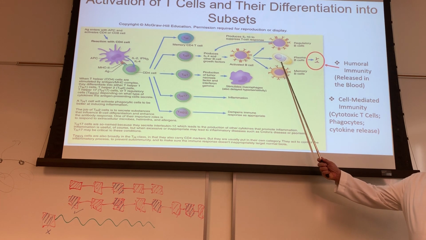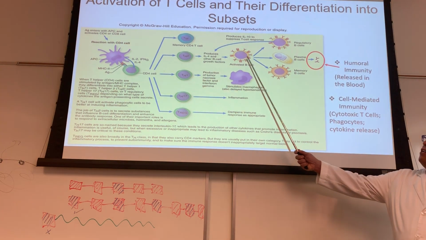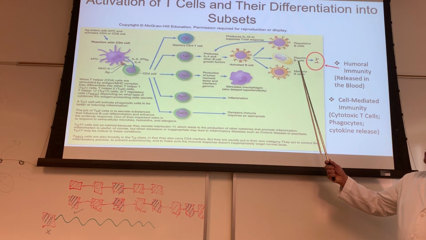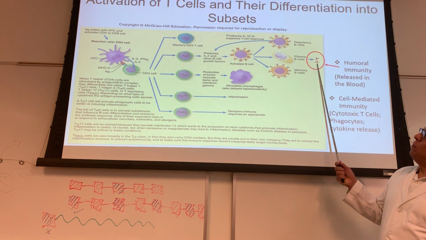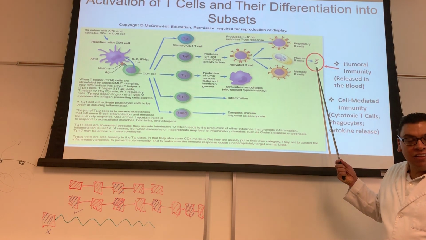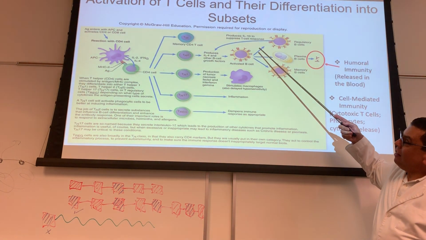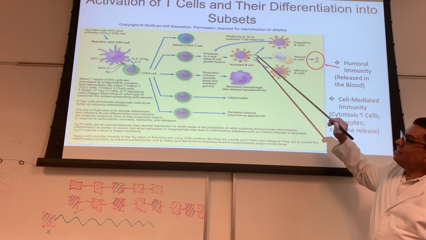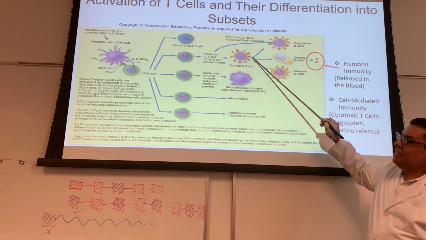And then this guy. This is a differentiated B cell. It's called a plasma cell. That's the one that's going to be producing antibodies or releasing antibodies into your blood. It's the same antibody as this one. The only difference is this antibody is IgD.